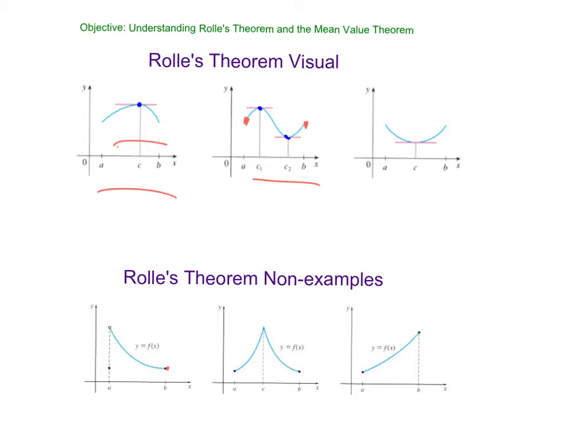Here, the problem is that f of a does not equal f of b, so that's not an example. The second one, the function has to be differentiable. This is not differentiable because of the corner. And then the last one, again, f of a and f of b are not equal. So the big thing is the continuity and the differentiability between them.